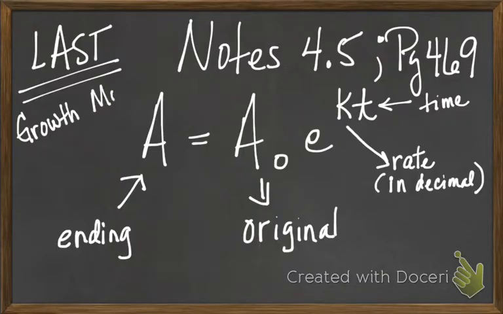So if something is increasing, they may ask you to write the equation for the growth model of the problem. Or if something is decreasing, then they may call it the decay model. But this is the formula that they're talking about. There's no other. If you're writing a formula, this is the formula that you're going to use.